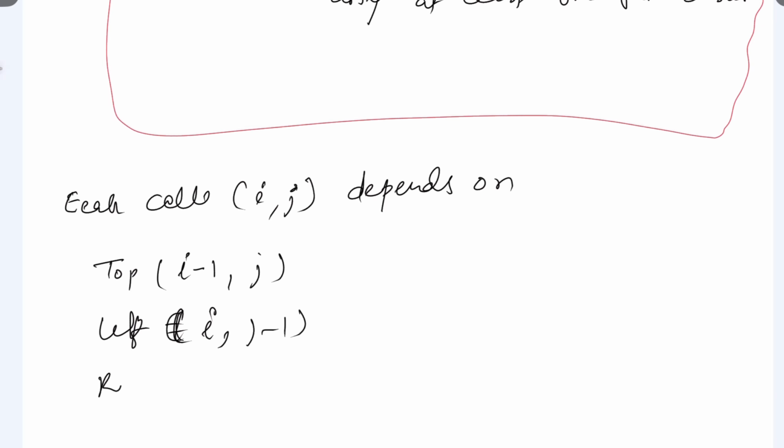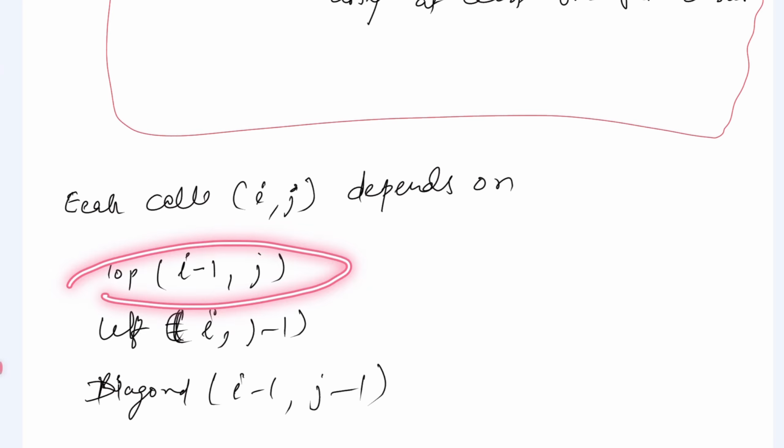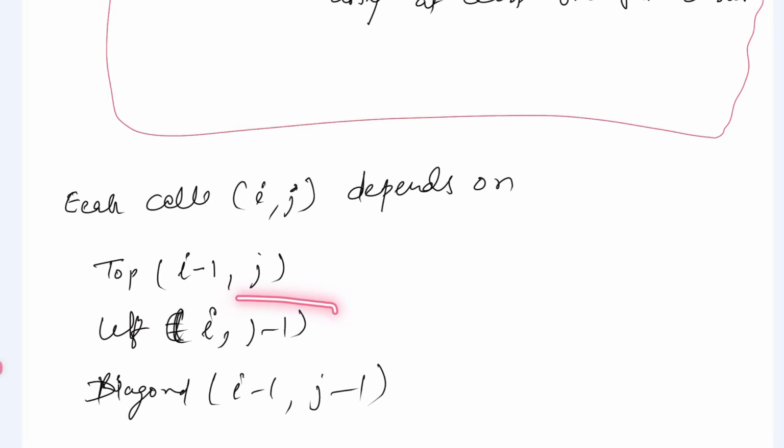If it goes diagonal, it will go to I minus 1 and j minus 1. So we should think in this context: top I minus 1, j; left I, j minus 1; and the diagonal one. Because the concept is LCS, that is why we have to go to the diagonal or the left.